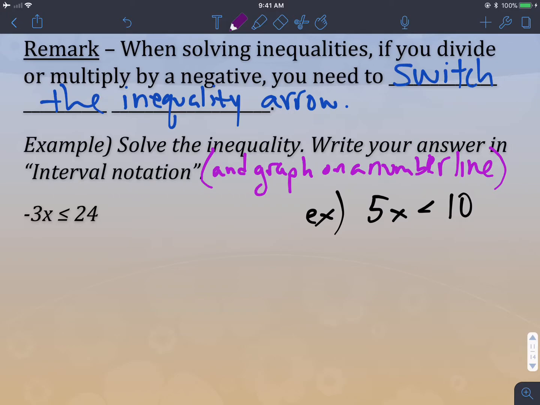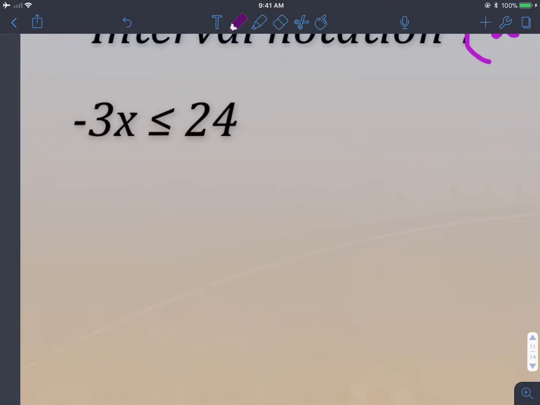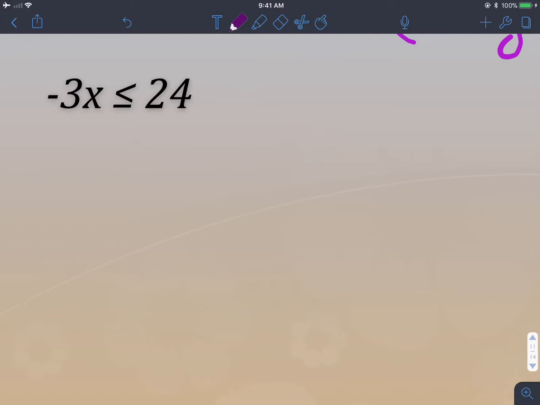It will happen with one of them, but not with the other. Same rules apply.